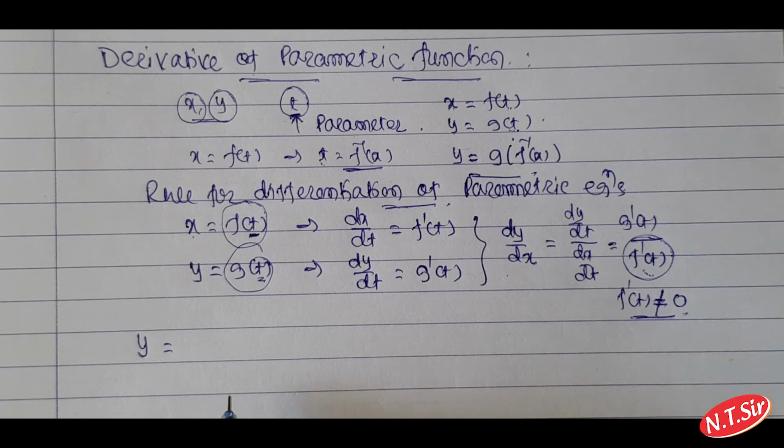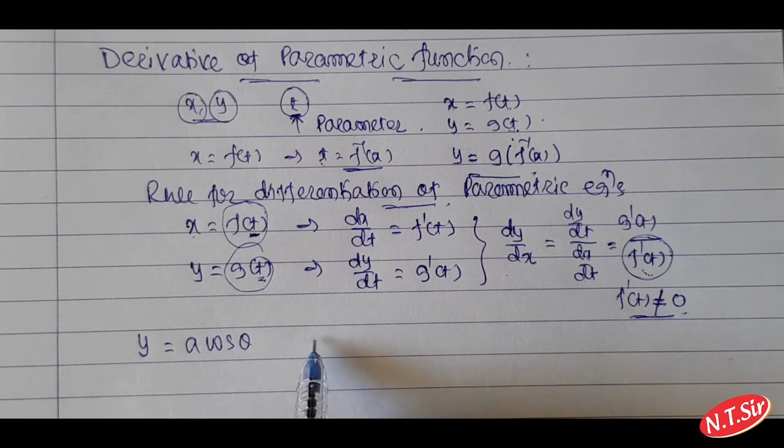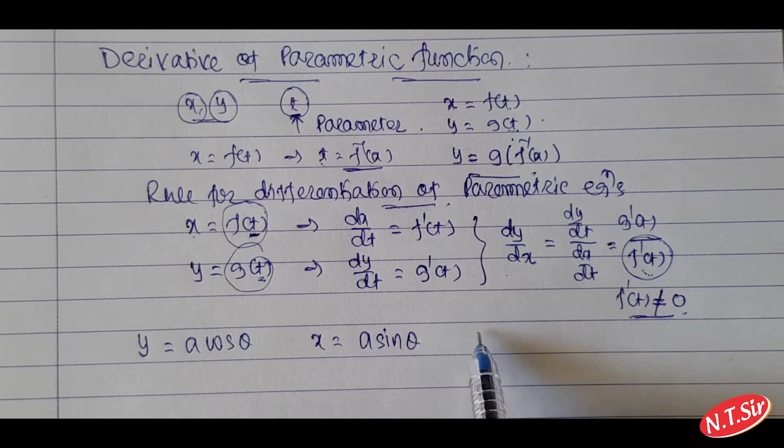Suppose y is equal to a cos theta and x is equal to a sin theta is given, and the question is to find the value of dy by dx.